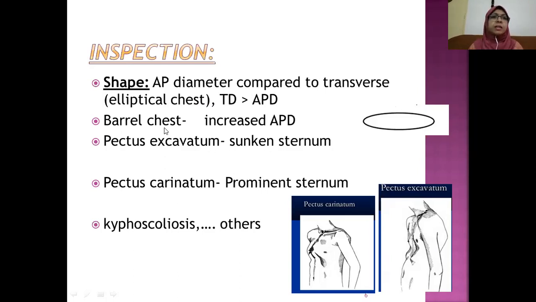Barrel chest occurs when the anterior posterior diameter is increased, as in obstructive airway disease. On inspection, you have to look for the symmetry of the chest and symmetrical movement of the chest during respiration.